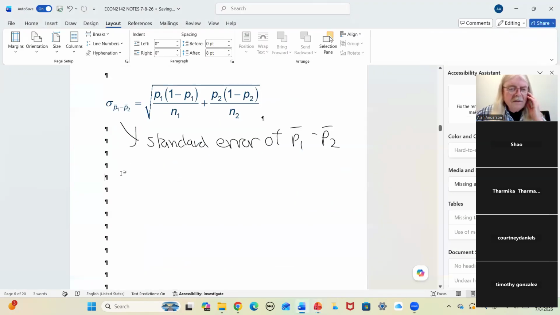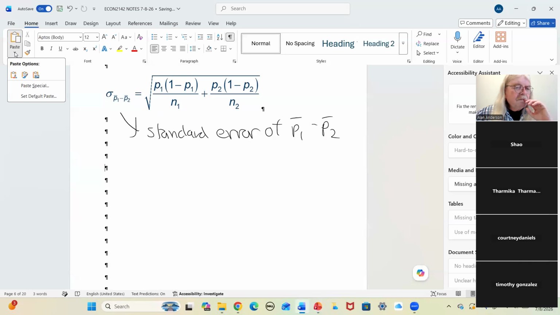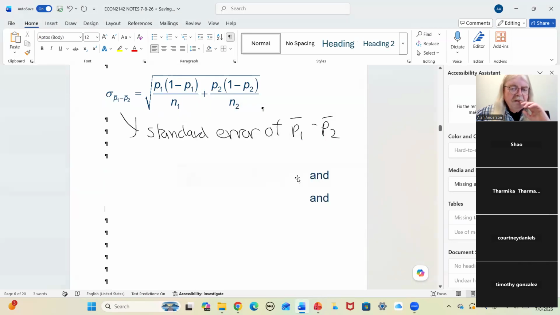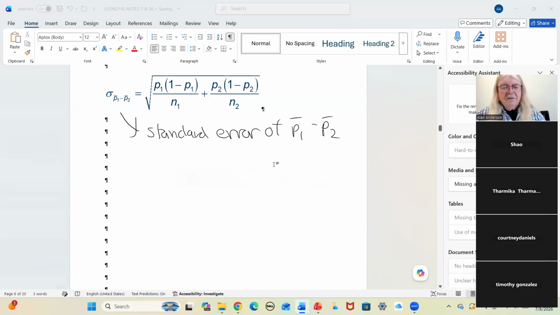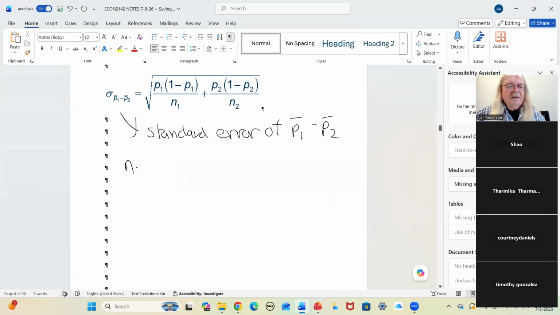Let's see if I can copy this. It's giving me trouble. Doesn't seem to want to work. All right, you know what? I'll just write them down. You can see they're both the same.